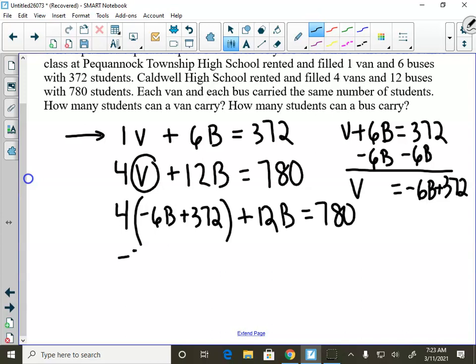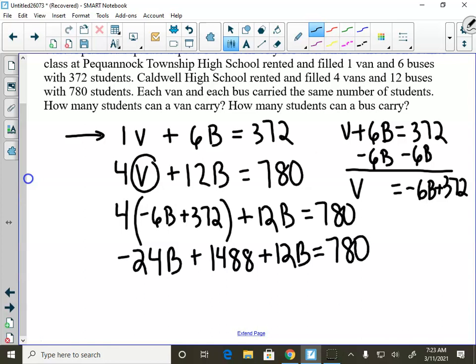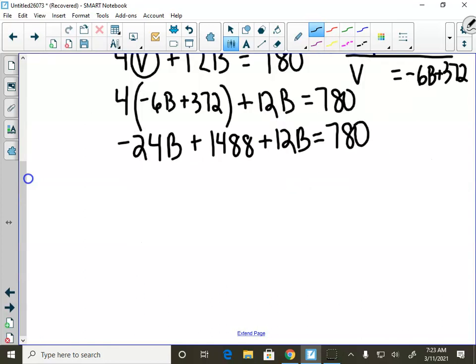So we're going to get negative 24b, and then plus 1488 plus 12b is equal to 780. Let's combine our like terms, and we'll get negative 12b plus 1488 is equal to 780.